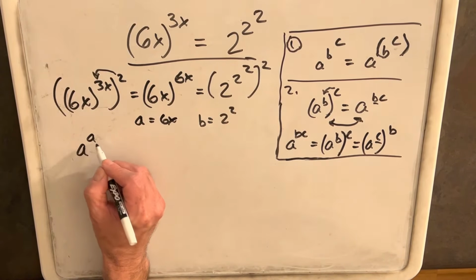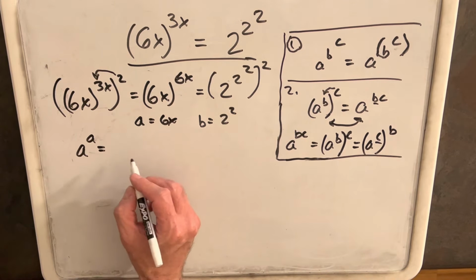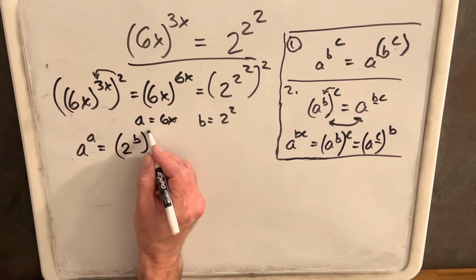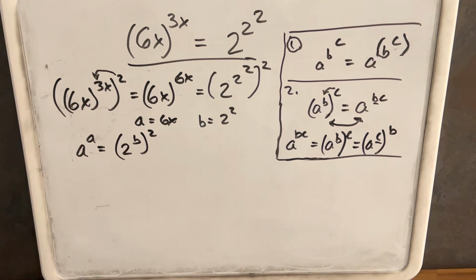Then we'll have a^a on the left, and on the right we'll have 2^(b^2). And so our problem looks a lot less intimidating now with the substitution.